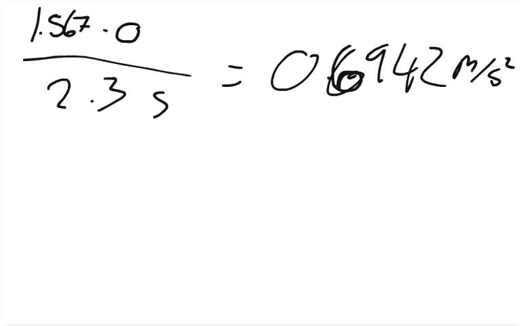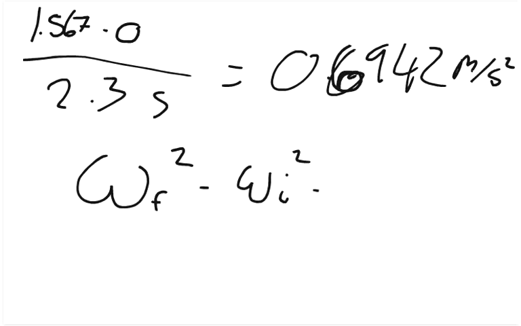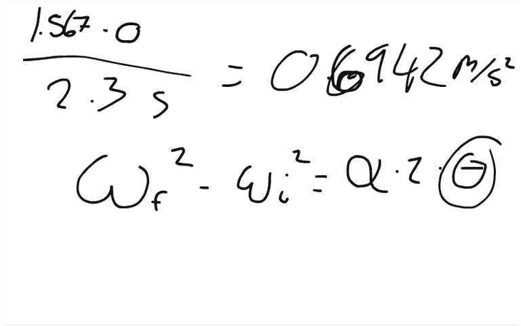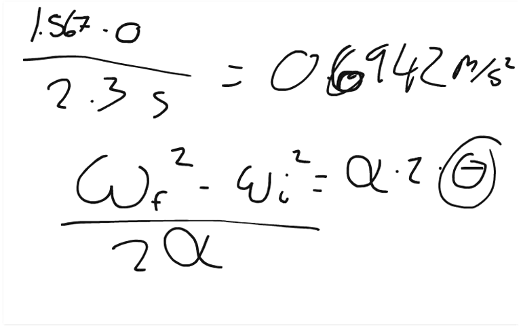We know the final angular speed now, so the final angular speed squared minus the initial angular speed squared equals the angular acceleration times 2 times the angular displacement. What we're trying to solve for is the angular displacement, so we divide by 2 alpha.